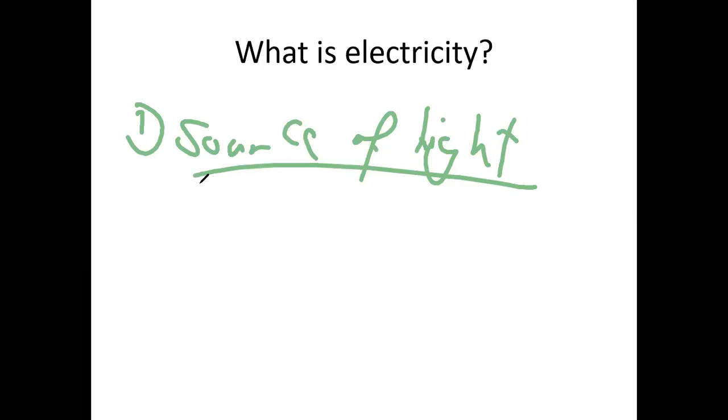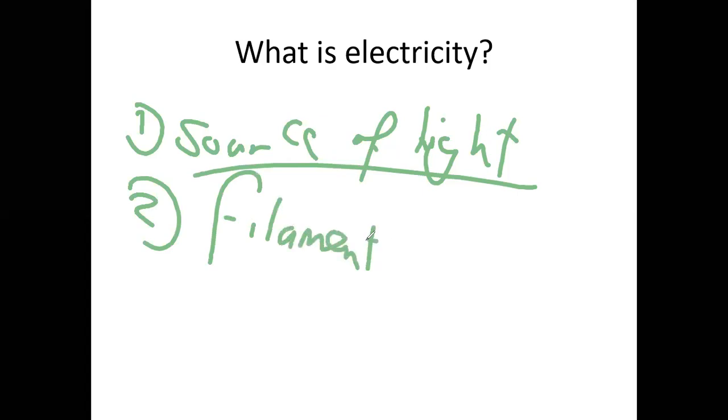What will be the function of this source of light or battery? It will produce electrons. It will allow electrons to move from one position to another. And the second thing is the filament, or any kind of wire that allows electrons to move through.